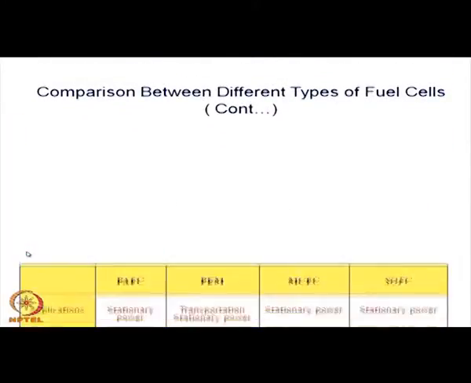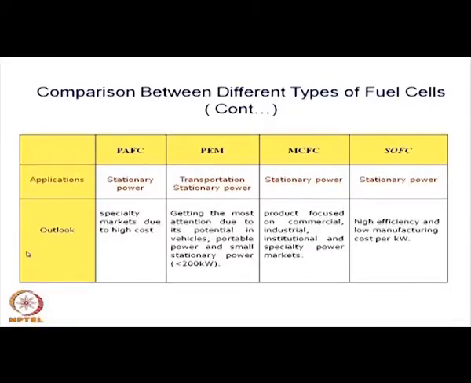There are a few other aspects on which the comparison can still be made with the same set of fuel cells. For example, applications: stationary power systems, transportation systems. As I have said, PEM, the polymer electrolyte fuel cell, is primarily being developed for electrically operated automotive systems, and prototypes have been available for the last 10 years or so.